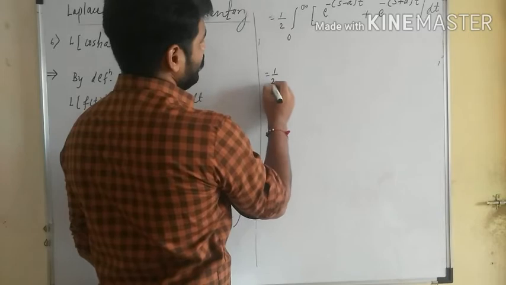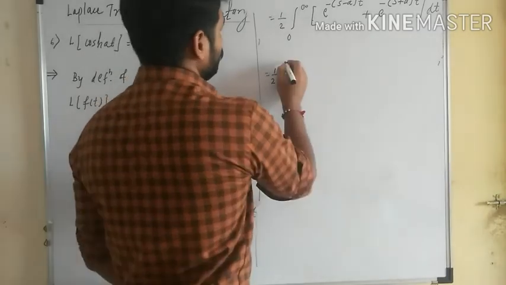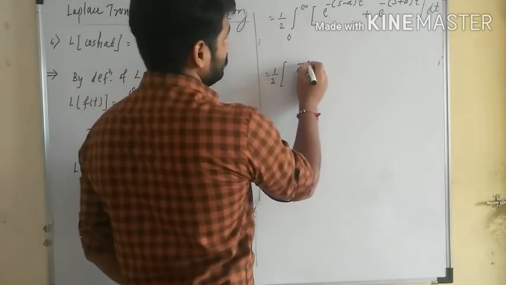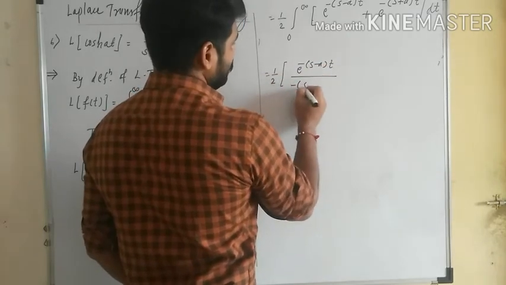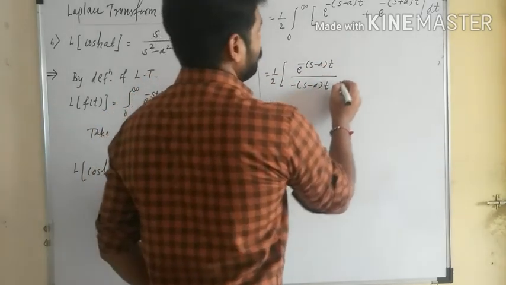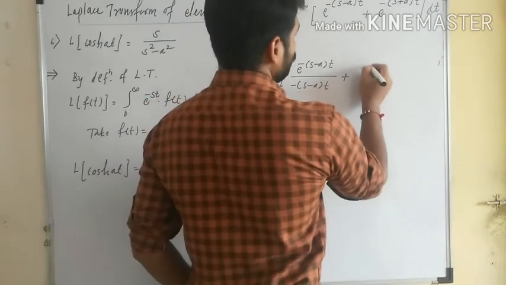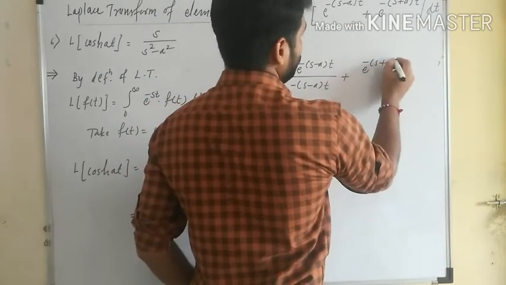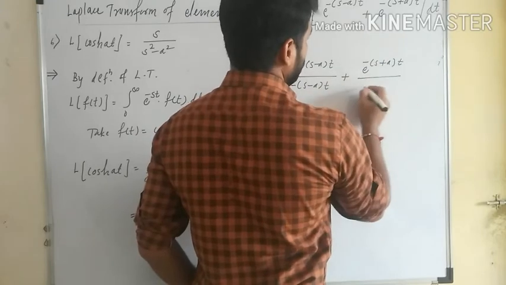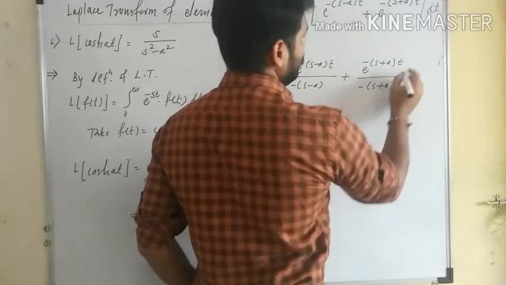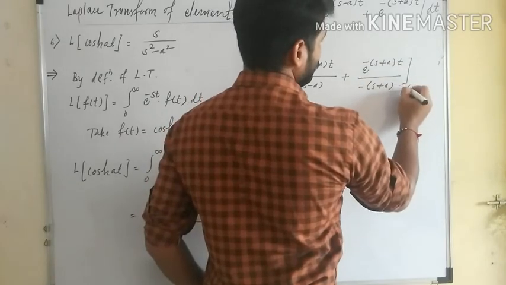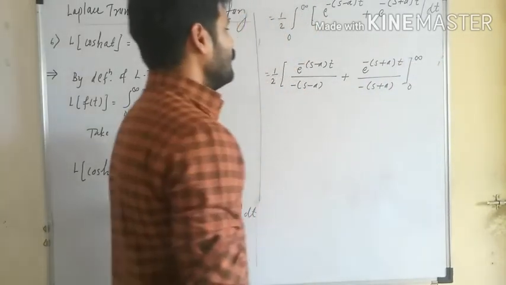So we get 1 upon 2 as it is. Taking integration, we can write e raised to minus s minus a into t divided by minus s minus a, plus e raised to minus s plus a into t divided by minus s plus a, limits between 0 to infinity.